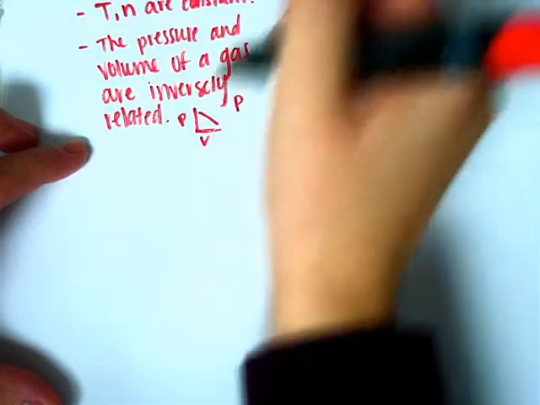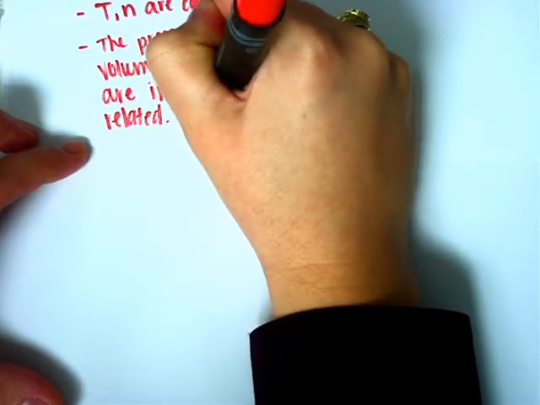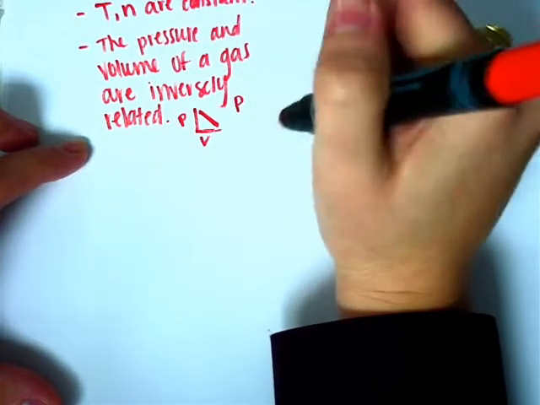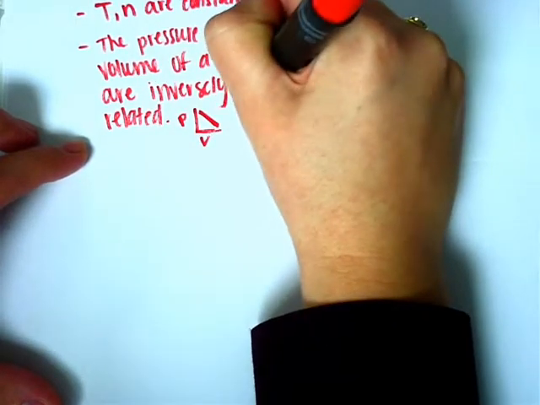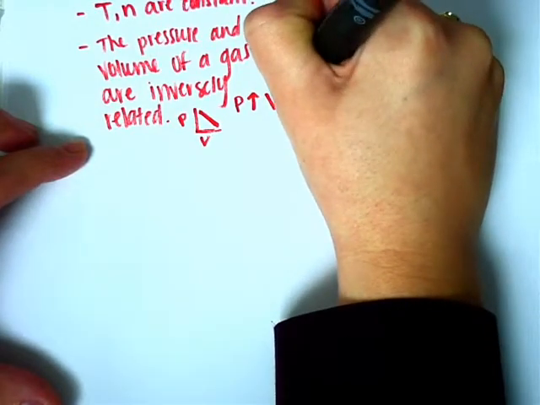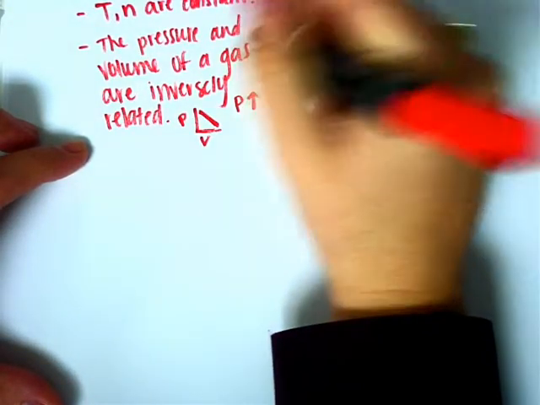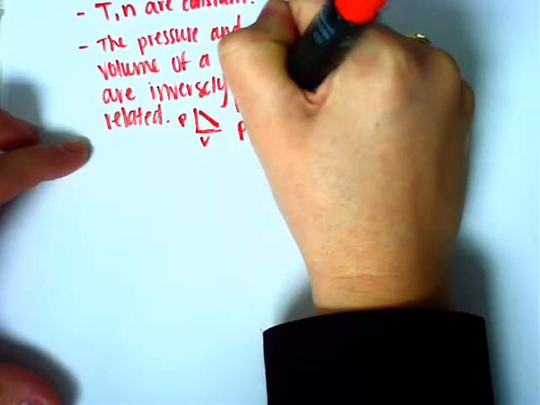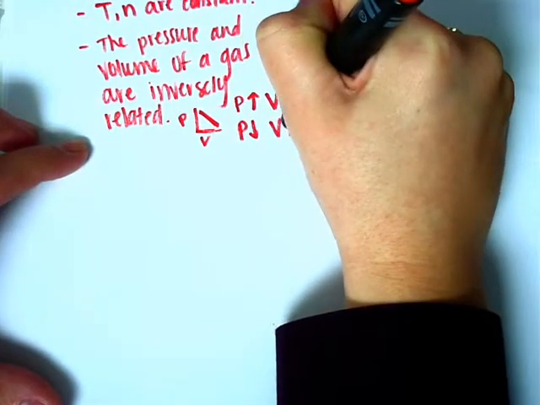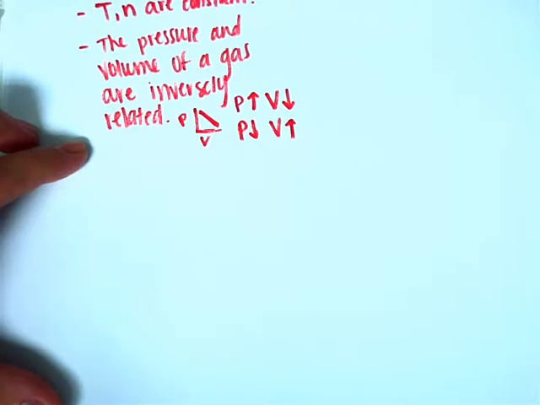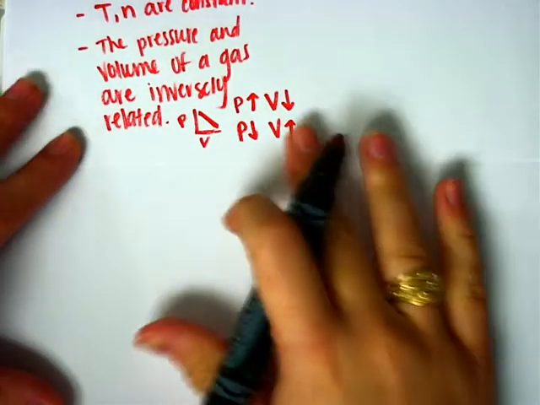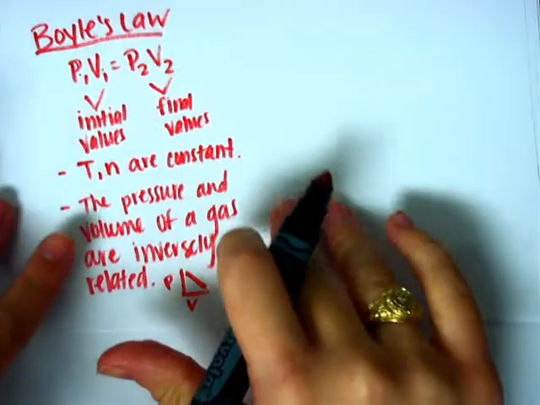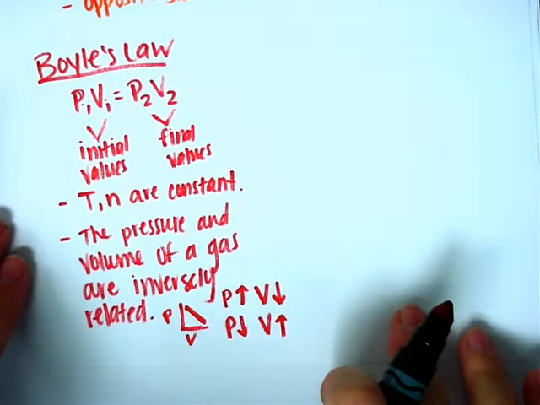Yes. Okay. So they're going to be inversely related. So they're going to do opposite things. So if pressure goes up, what does that mean my volume's going to do? It's going to go down. It's going to do the opposite. So if pressure goes down, volume goes up.